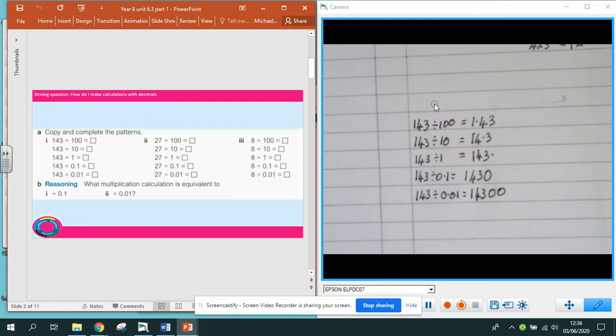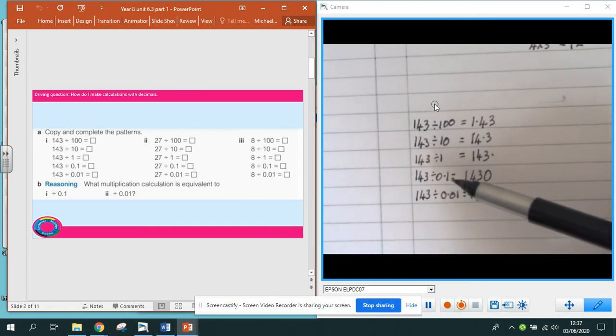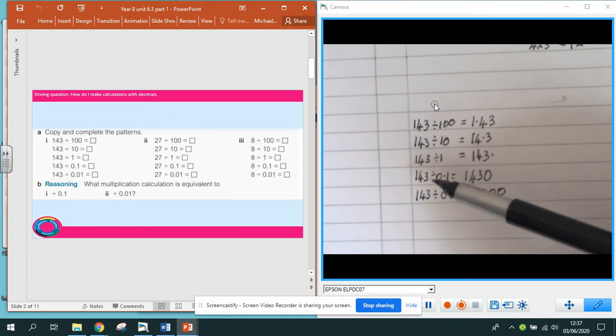Now obviously we can repeat that again and again with the other examples as well. I think really the point is made here. What multiplication is the same as dividing by 0.1? Well, how is another way that I could turn 143 into 1430?